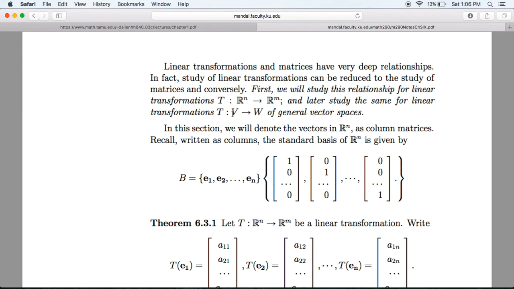That is, we can take any vector v, express it as a linear combination of basis vectors, so we will get a column vector of scalars, and if we know the matrix A of the linear transformation, then we can left multiply A with that column vector to get the column vector in W, which is the column of coefficients of the linear combination of vectors in the basis in W. So we will know where some small v is going under T.